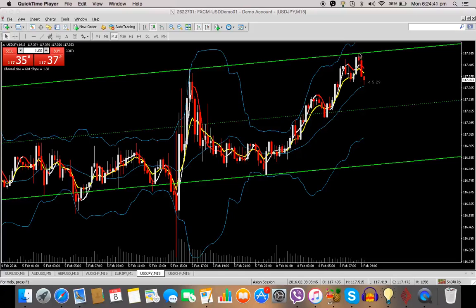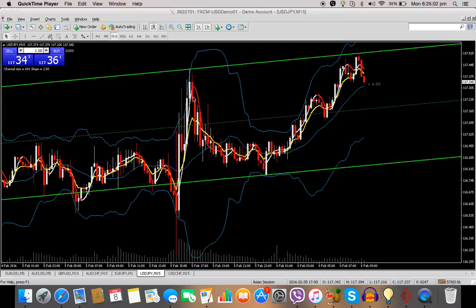If the wick of it or the body of it is outside or bigger than this one, then it's a high reversal bar. And if the whole wick and body of this was consumed by this, then that would be considered an inside bar. So see this one here?